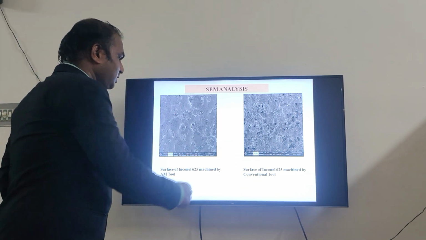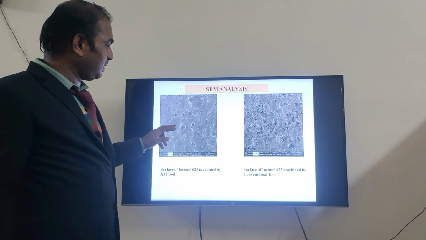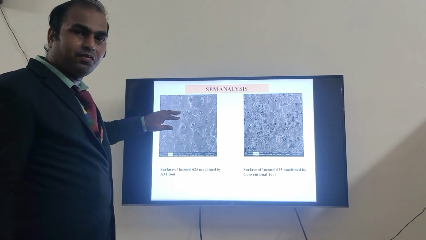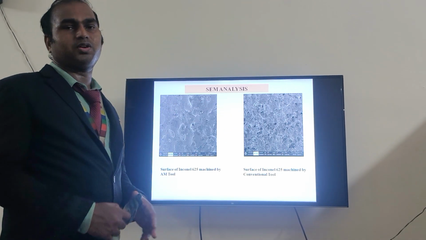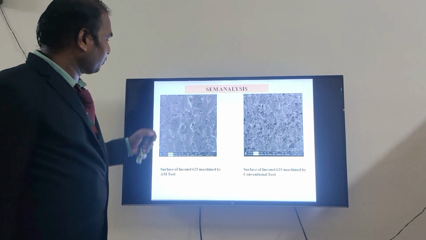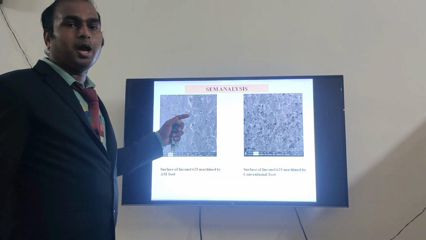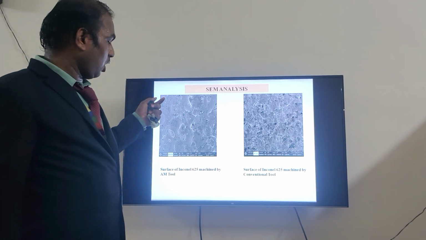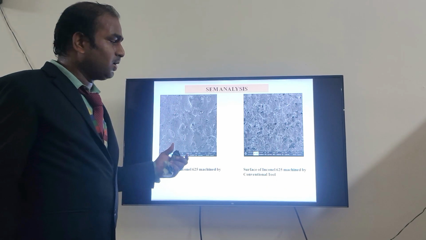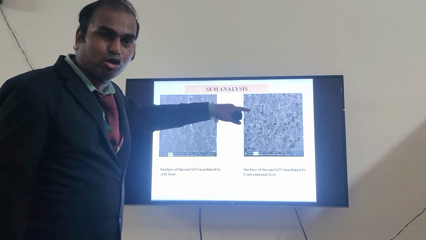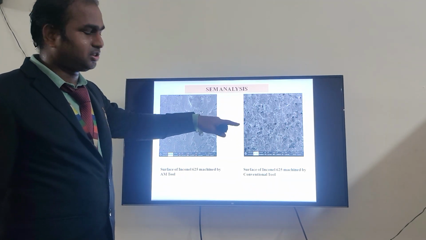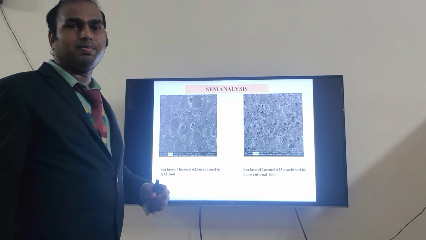Here you can see the cluster formation and blisters are very few compared to the conventional machining process. There are no blisters or cluster formations with the AM tool, whereas you can find many irregularities and irregular scatter marks in the conventional machining process.